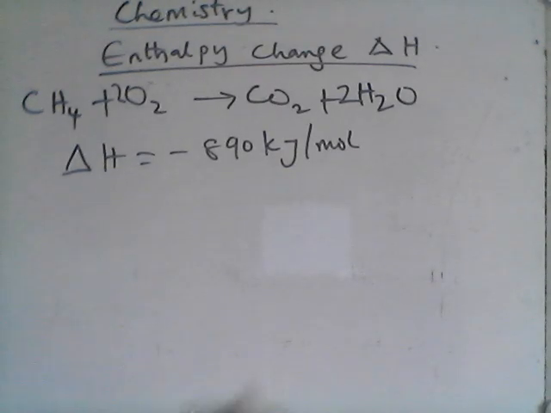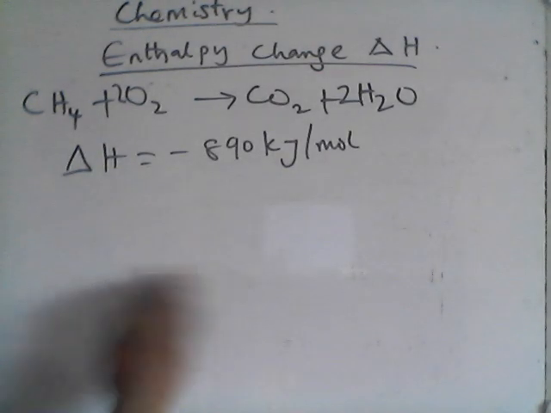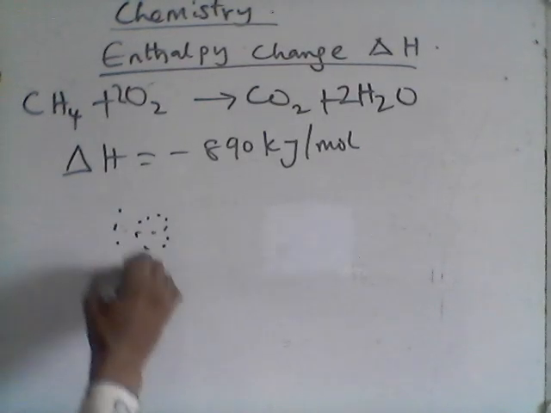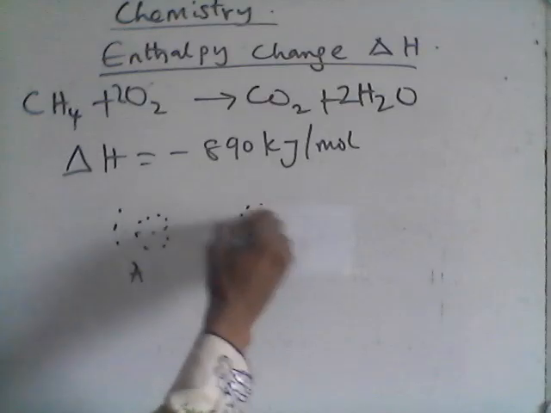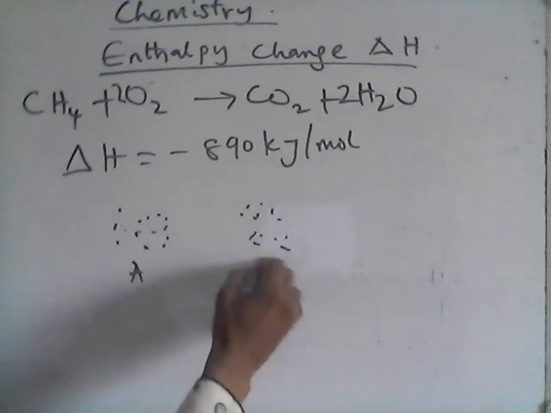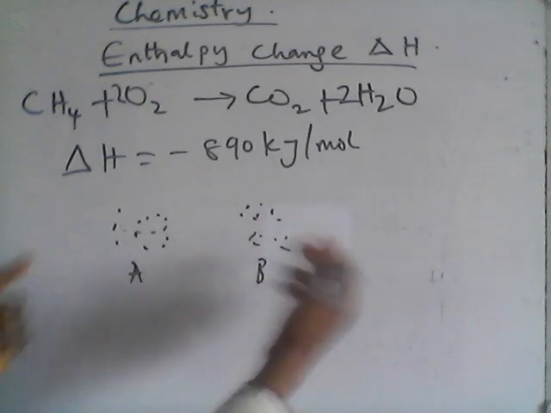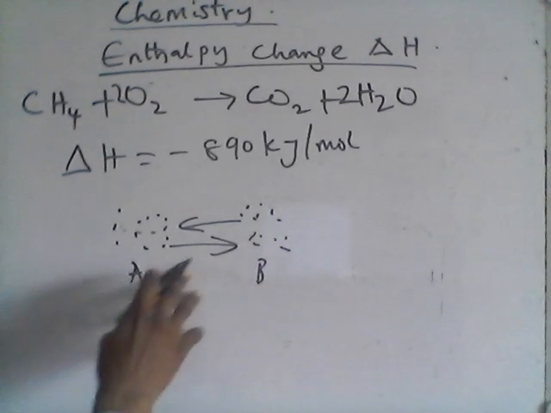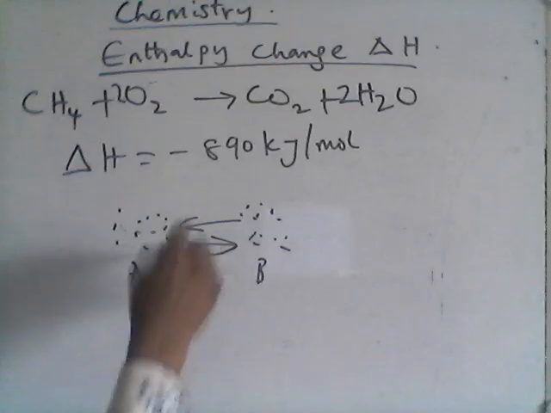Okay, so it's just like saying that it's a threshold. Say I have reactant A and reactant B on the verge of reacting. You're bringing them together. Once they start meeting, a point will be reached.